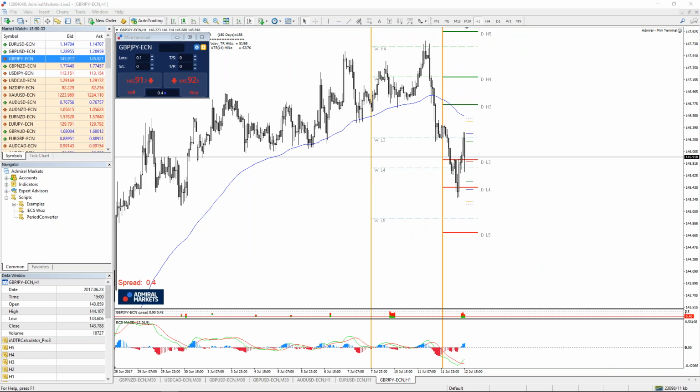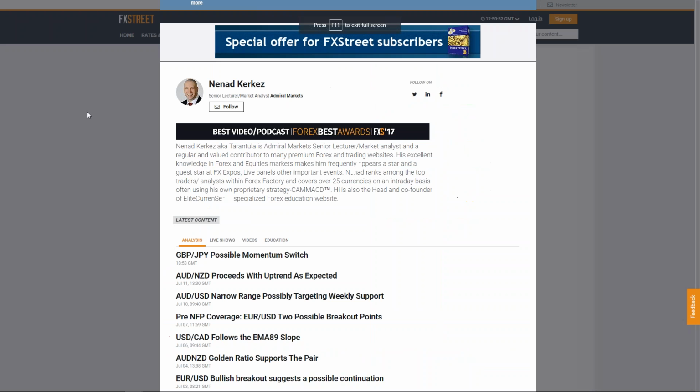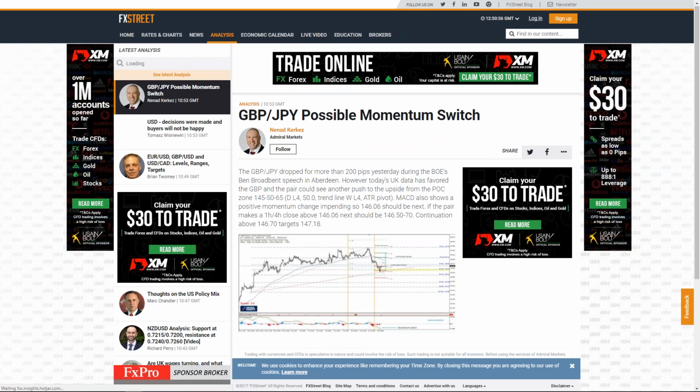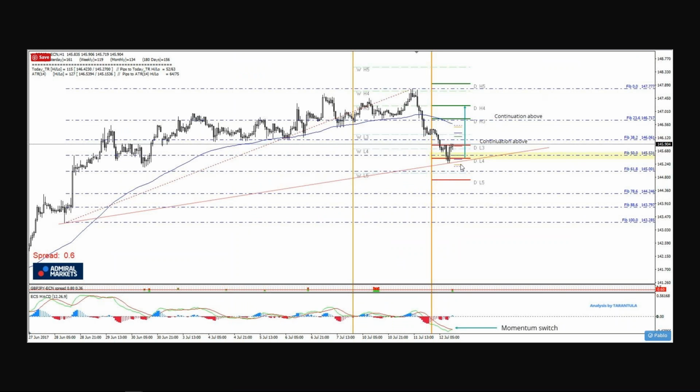The analysis was published first on Forex Street, and then I published it on Facebook pages. And here is the analysis: pound yen possible momentum switch. By the time I published the analysis, the price was 145.90. I said continuation above.